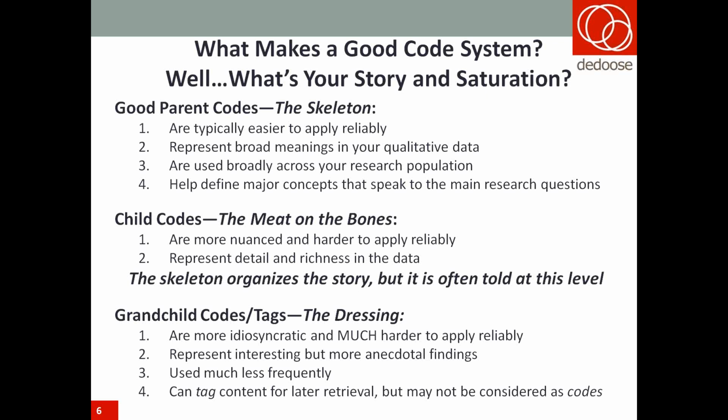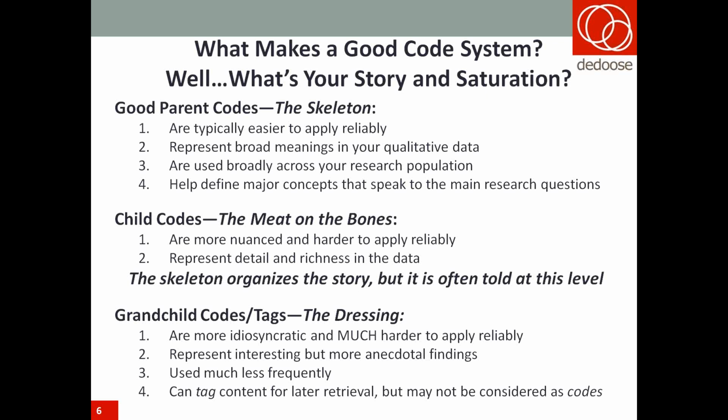So what makes a good code system? Well, this is going to depend really on two things. What's your story? At the end of the day, what is the story that you want to be able to tell? And you know what your research question is when you design your study. You have your idea about your methods, whether you're collecting short answers or narrative interviews, focus groups, observations.